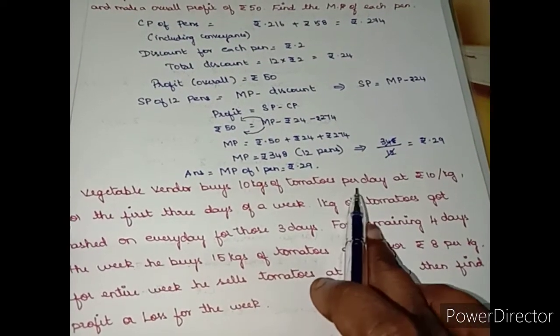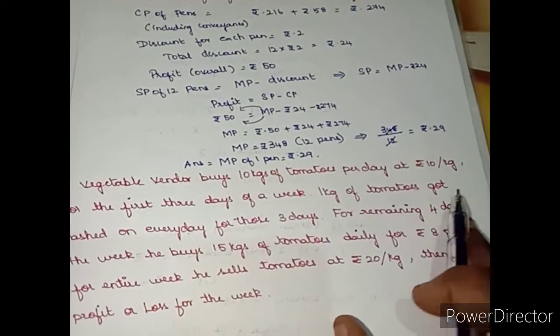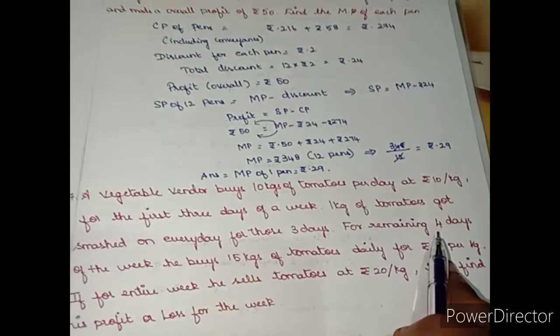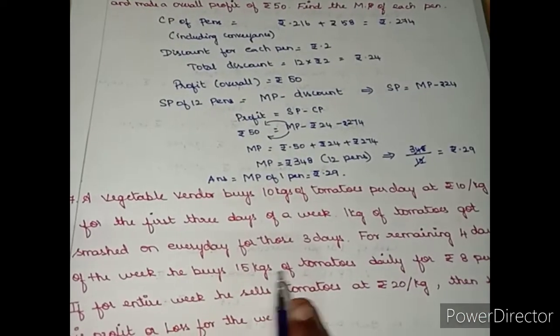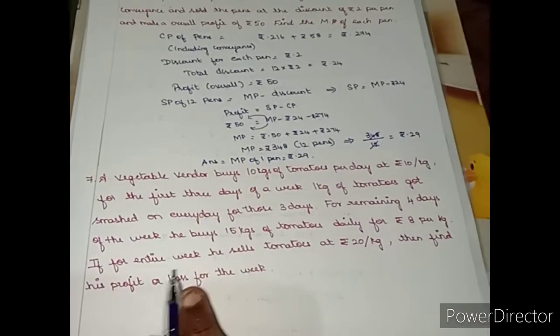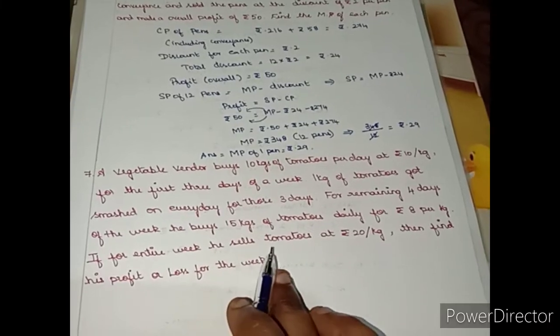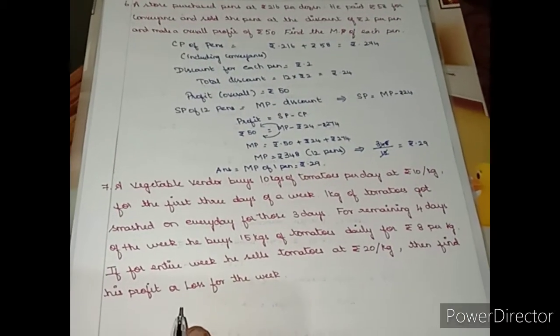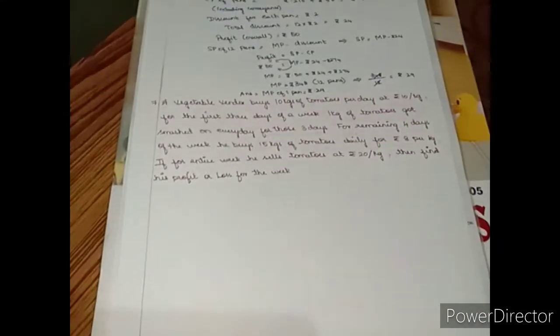See, first 3 days he is buying 10 kg at rupees 10 per kg. The remaining 4 days in a week, he is buying 15 kgs daily for rupees 8. Okay, if for entire week he sells tomatoes at rupees 20, then find his profit or loss for the week.